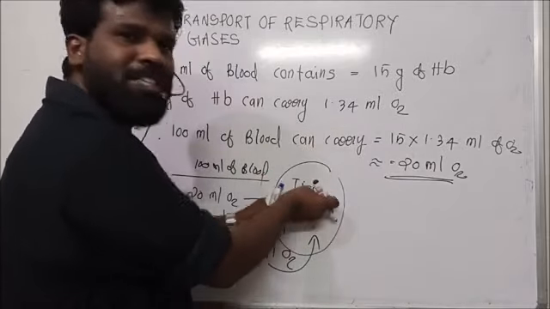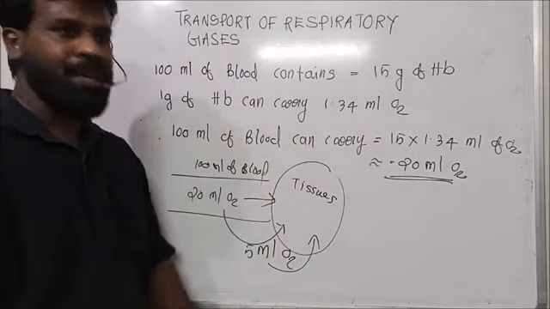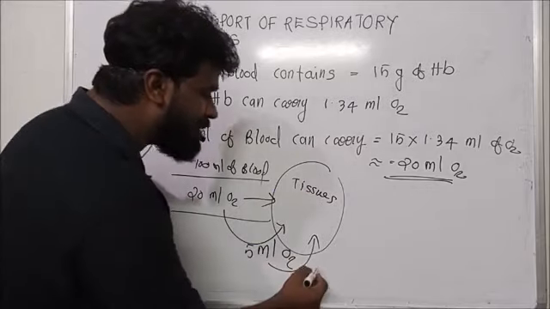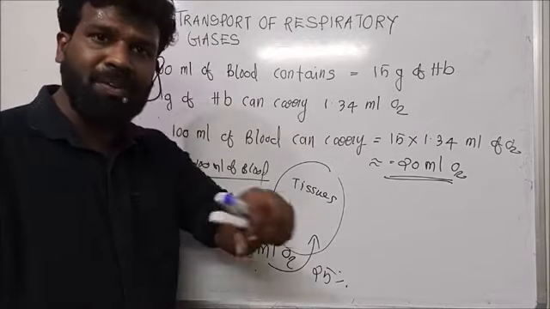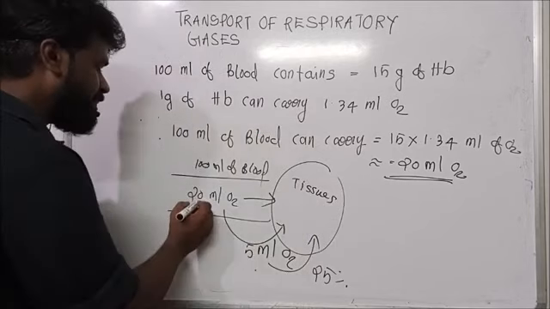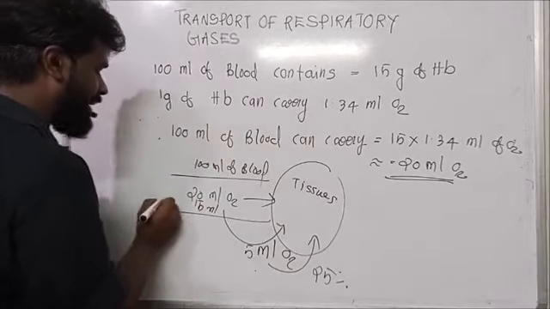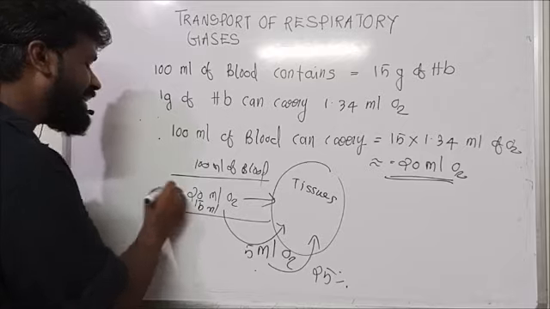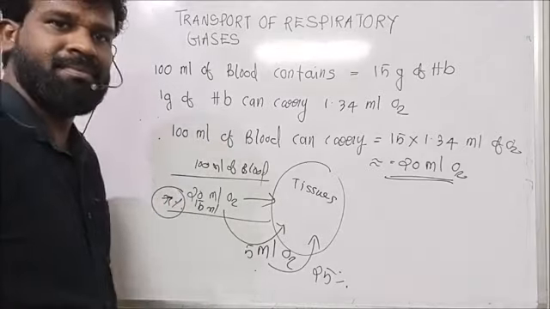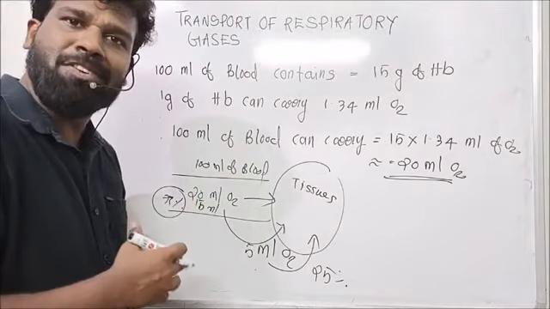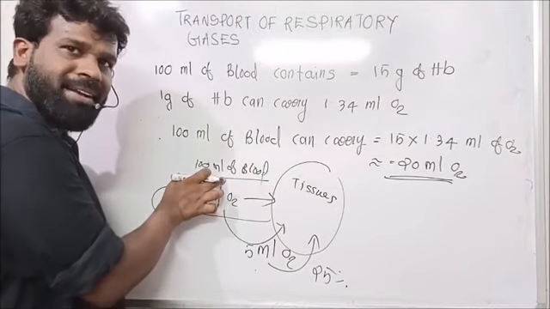So only 25% of oxygen is delivered to the tissue. The remaining 15 ml, that means 75% of oxygen, is left unused in blood.